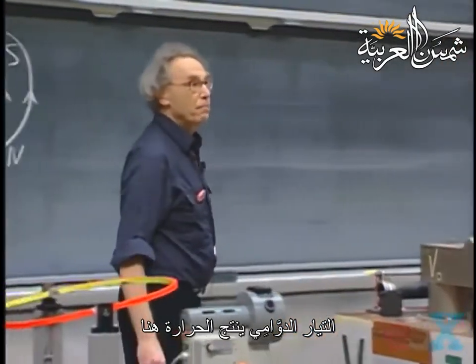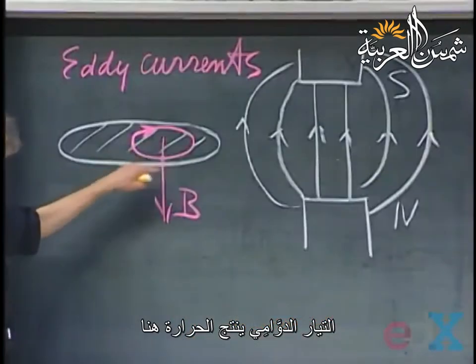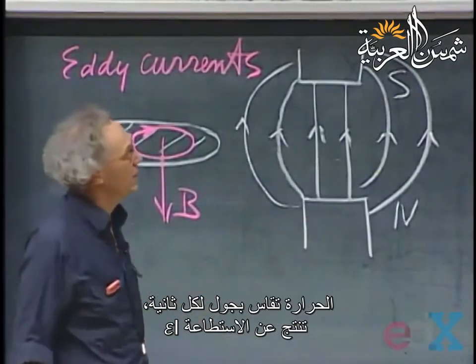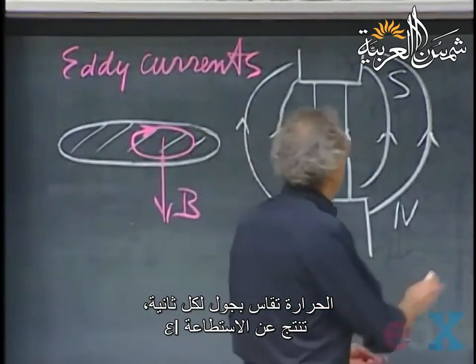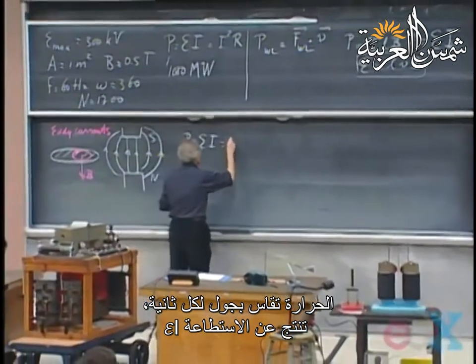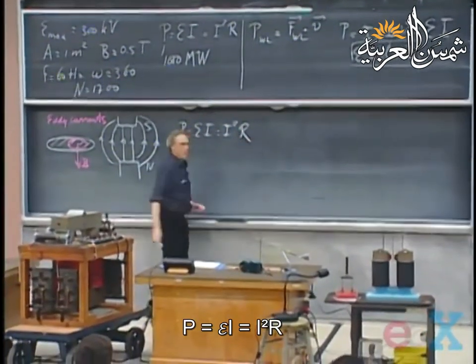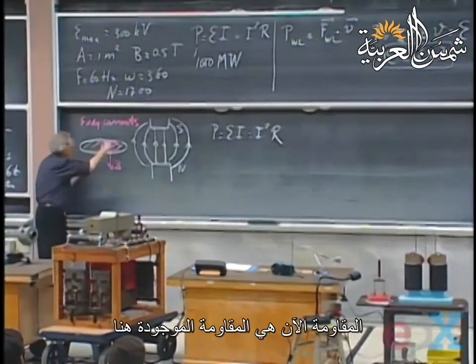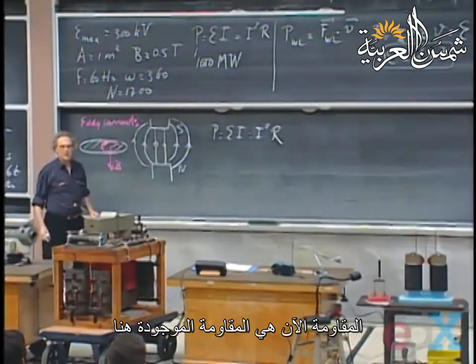The eddy current produces heat in here. The heat is the product, joules per second, of the power, E times I. I squared R always comes down to the same. So this disk will heat up a little bit. The resistance now is the resistance there.